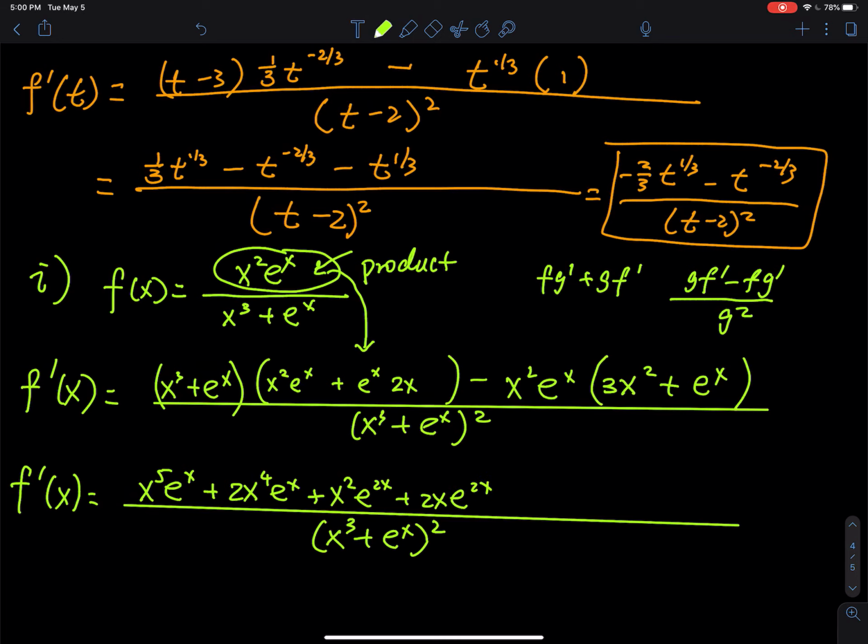So that completes the first one, and then we have a minus right here, and then we have this. So this is 3x to the fourth e to the x, and then plus x squared e to the 2x.